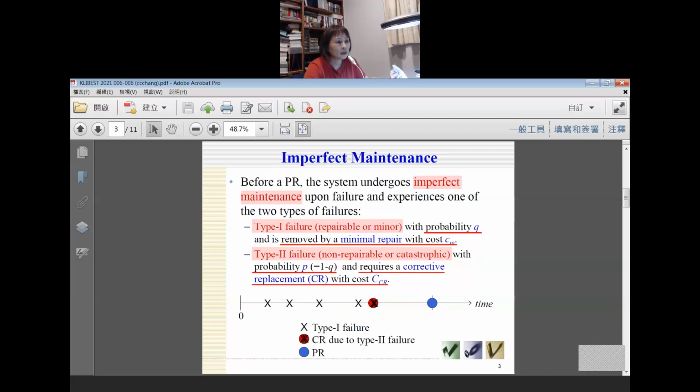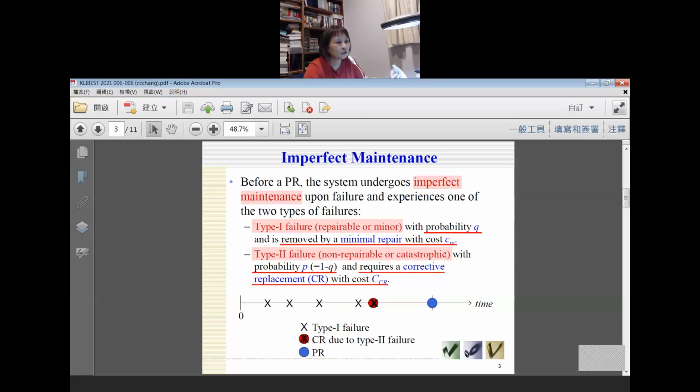This slide introduces imperfect maintenance. Before a CR, the system undergoes imperfect maintenance with valve failure and experiences one of two types of failures. 1. Type 1 failure, which is repairable or minor, with probability q, and is removed by minimal repair with cost Cm. 2.